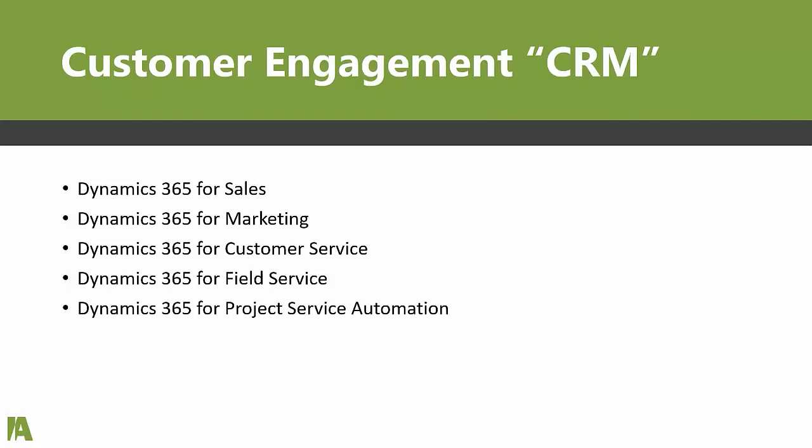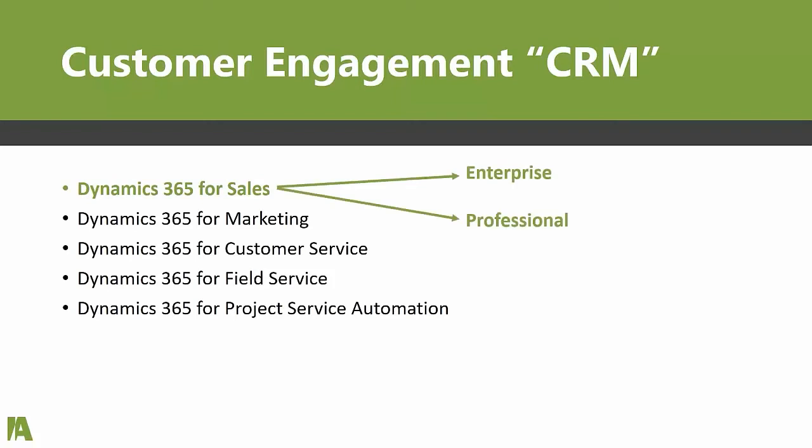And again, it's working with your customers, having that ongoing relationship, and whatever type of organization that you have, it would dictate which one of these applications would be applicable for what you guys do on a day-to-day basis. But we're going to focus in on the sales application and specifically the difference between the enterprise and pro. So we're going to break that out here on our next slide.